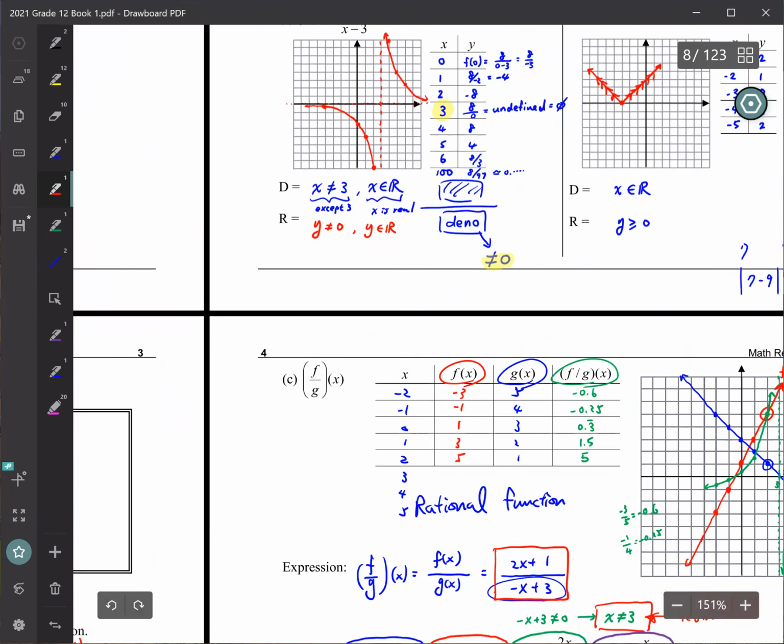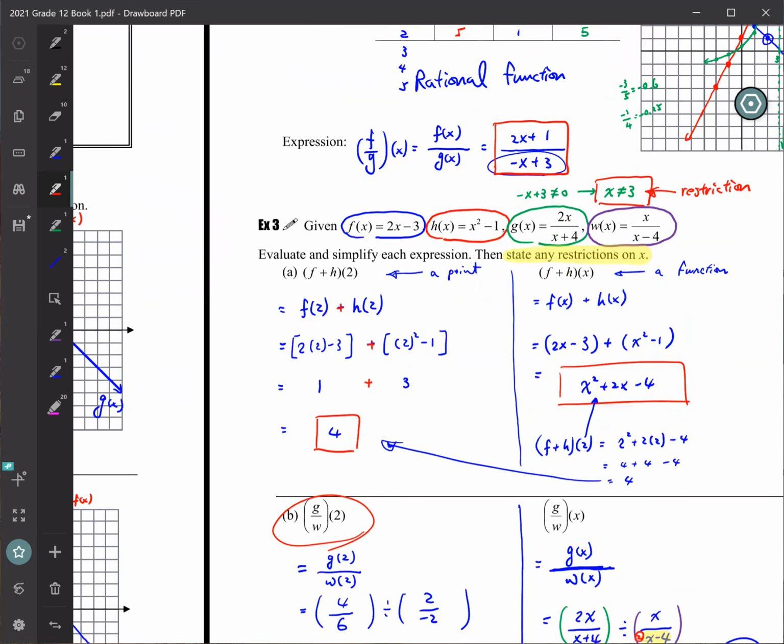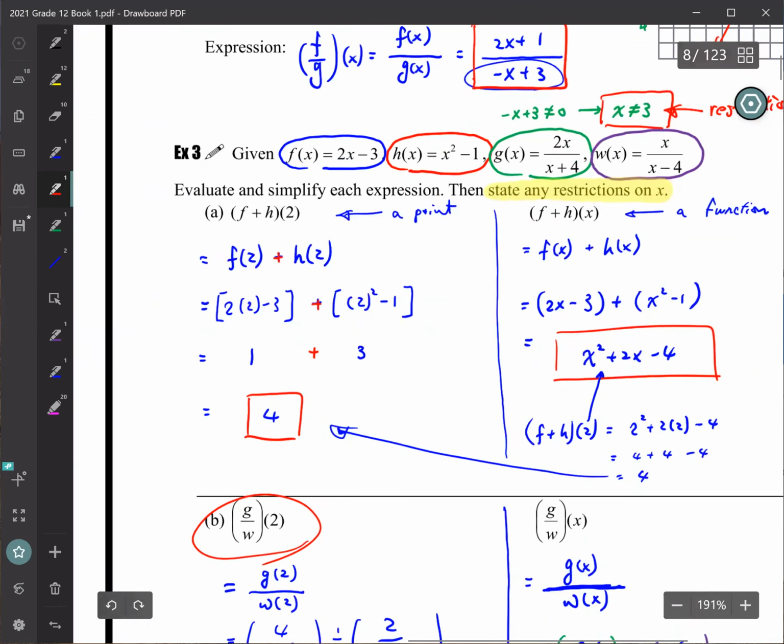Okay, so during the last week, I gave you operations, for example, like 3a. Look at 3a. On the right side, we have f plus h. Let me highlight it. F plus h of x, and then add it up, and then you get the answer in the box.